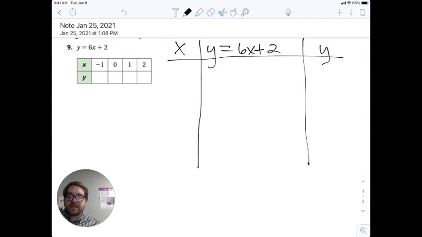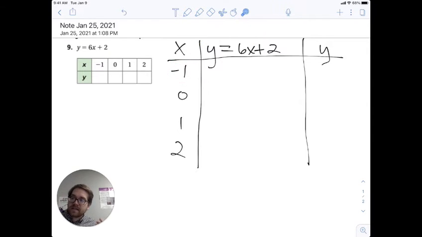First I can see my domain values here, negative 1, 0, 1, and 2. So I'm going to put them here, negative 1, 0, 1, and 2, and take each of those individually and plug them into my function. When we say plug it into the function, it's like what we've done in the past. These are my x values, so this negative 1 is going to get plugged in for x.